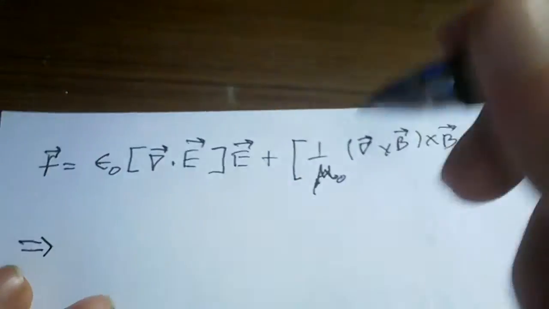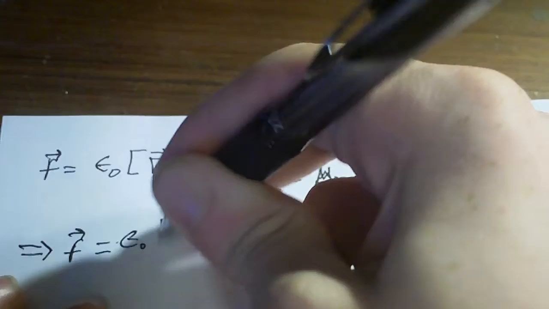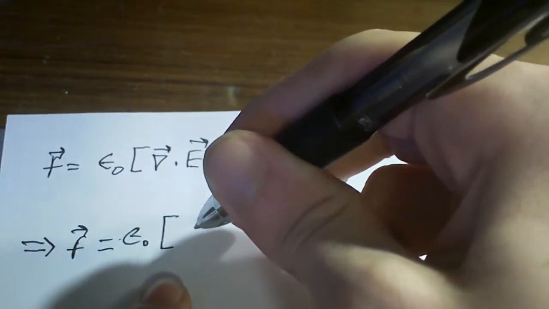So we can try to simplify this. The force per volume f is epsilon sub naught.